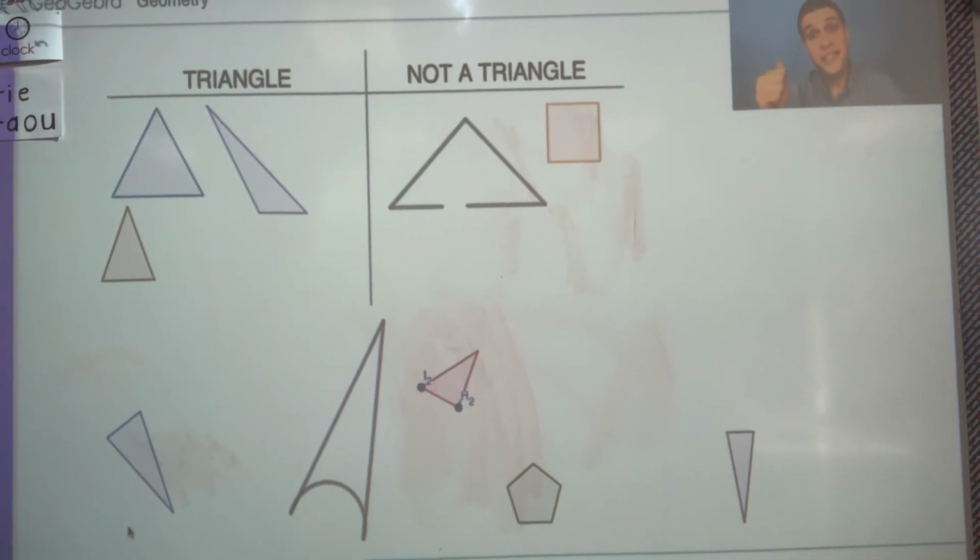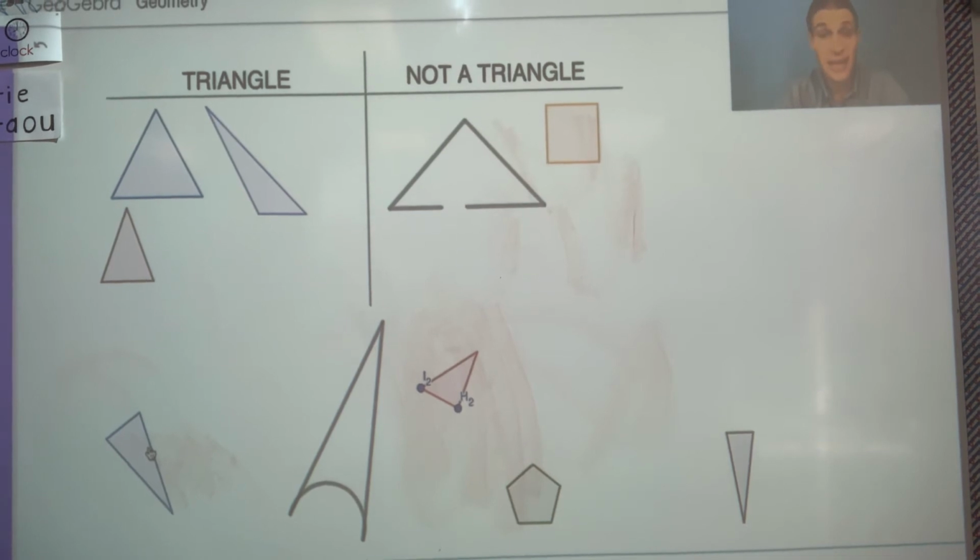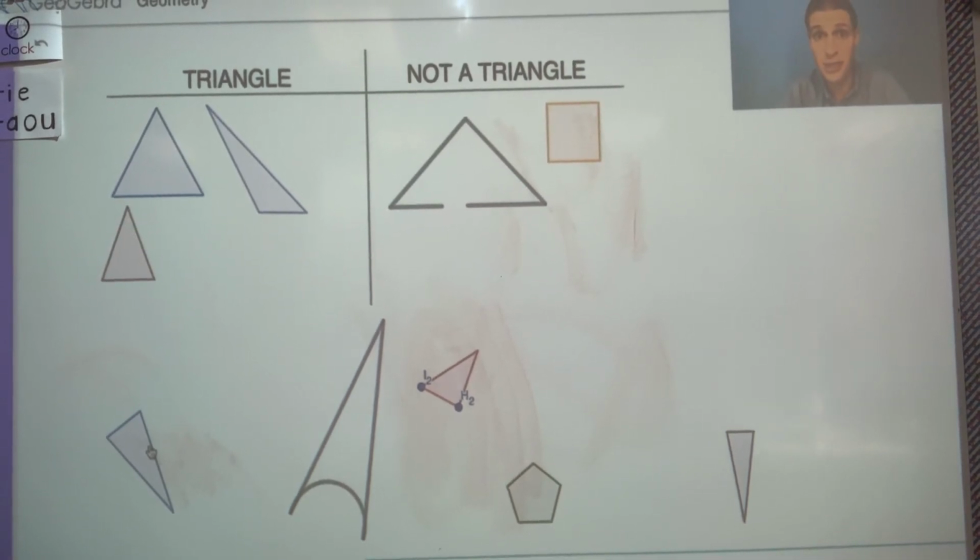Oh, my friend just said it is a triangle, but it's upside down. That's okay. My friend said it has 1, 2, 3 straight sides. It is closed, and it has 1, 2, 3 corners. Triangles can be turned up on the side. Okay, let's put it in the triangles.